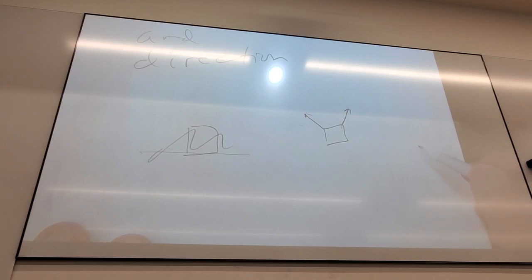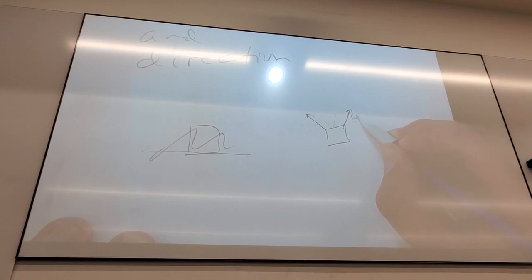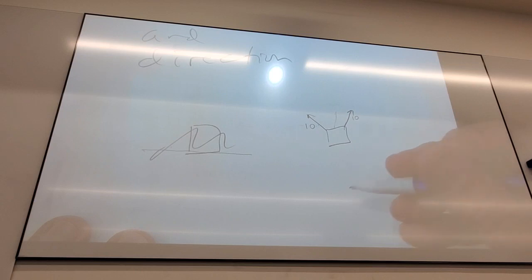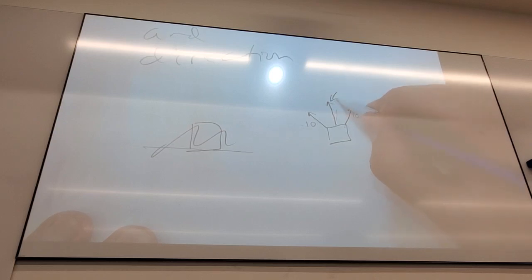Which way will it end up moving? It depends on how strong each of these are. If this person's stronger, it's going to move more in that direction. If they're equally strong, say 10 units of strength, it's actually newtons, but I don't want to make it fully physics, then it's going to go right down the middle. That'll be the resultant force.